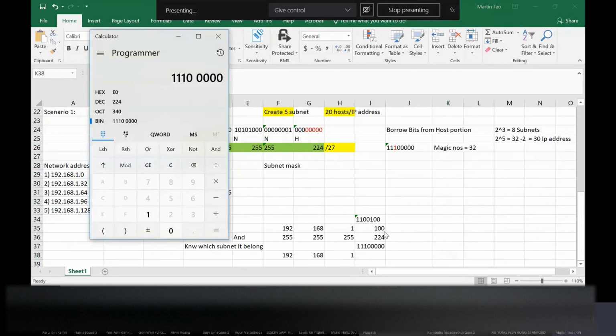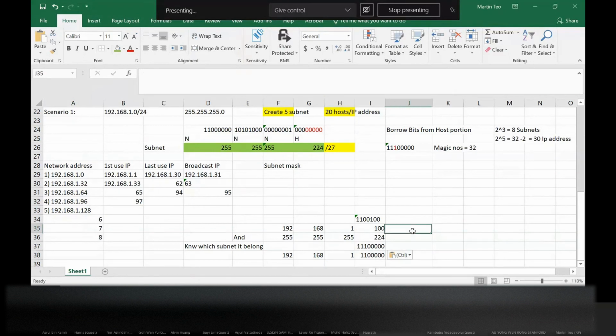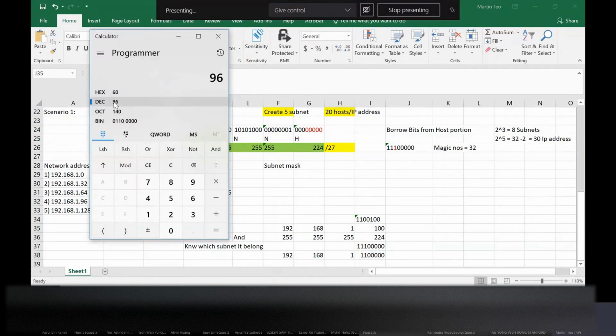So what do you think will be the result? I take this one and put it into decimal. 100 AND 224 equals this binary number, which is decimal 96.